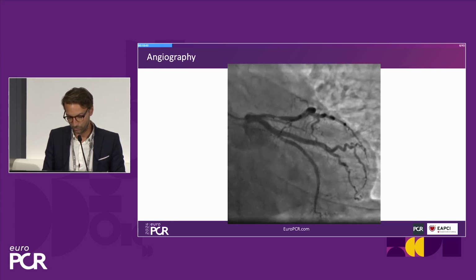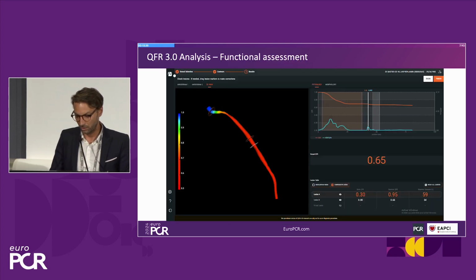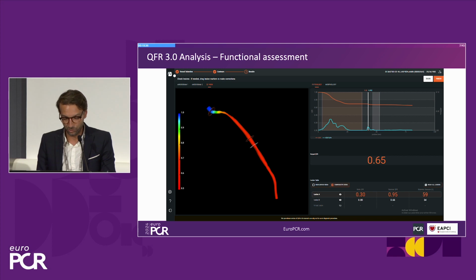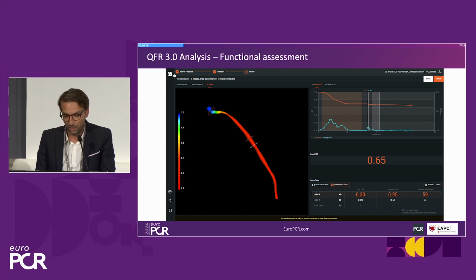Here's the angio that confirms that. And as my colleague mentioned earlier, QFR 3.0 is a very useful tool for functional assessment, and we can retrieve many data from that. This QFR shows two lesions, one in the proximal and one in the mid-LAD.